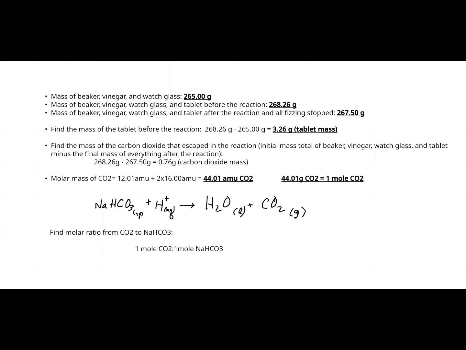I had one carbon atom at 12.01 AMU, and I add that to two 16.00 oxygen atoms AMU, and I get a total of 44.01 AMU of carbon dioxide. Now I know that when I take that AMU and just say that it's grams, that's going to be 1 mole of carbon dioxide. And now I'm ready to do that calculation to essentially figure out how many moles of carbon dioxide I have.